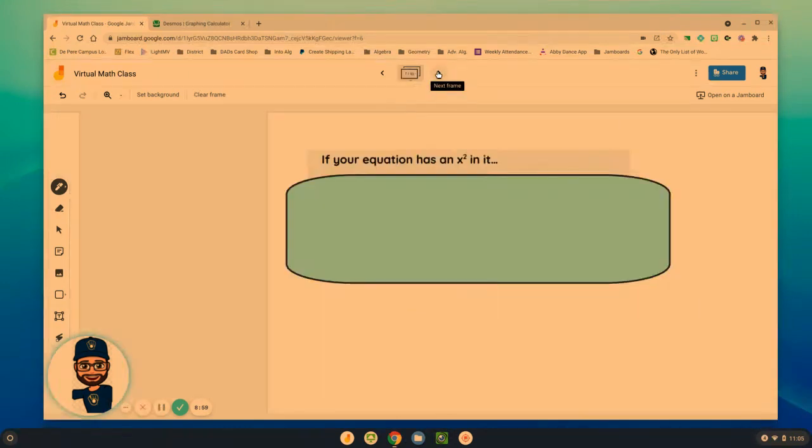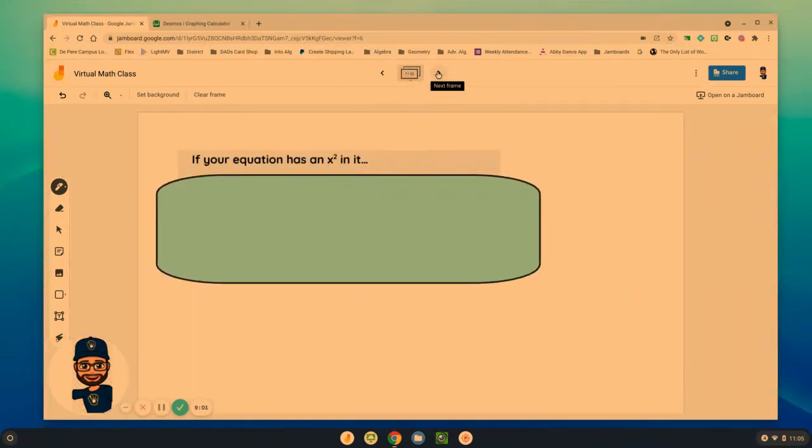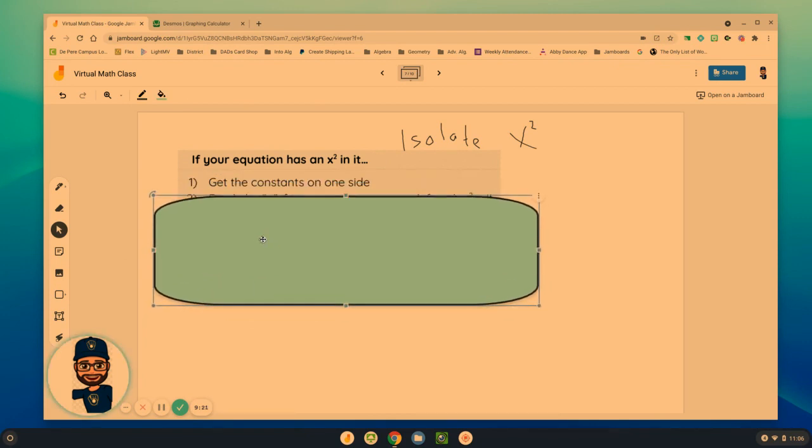And so these are the steps that I want to share with you in solving these equations that have x squared. We need to focus on isolating the x squared, meaning I need to move everything else to the other side so that the only thing I have left on one side of the equation is x squared. When I do that, I'm moving the constants to the other side.